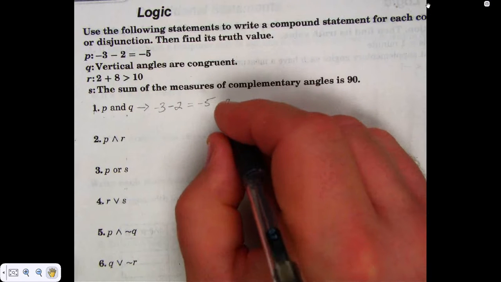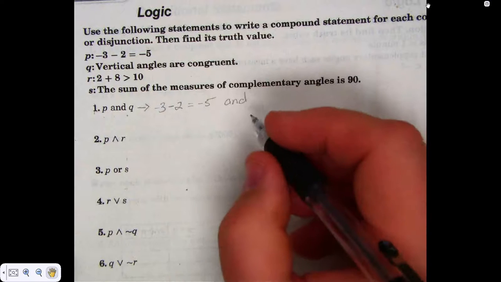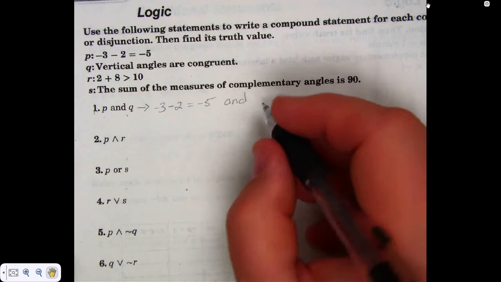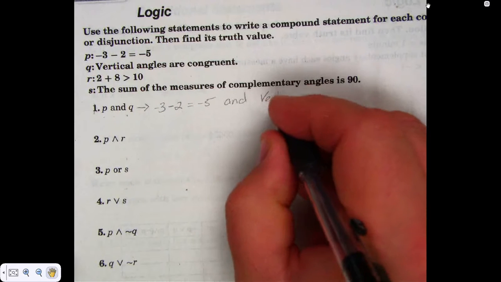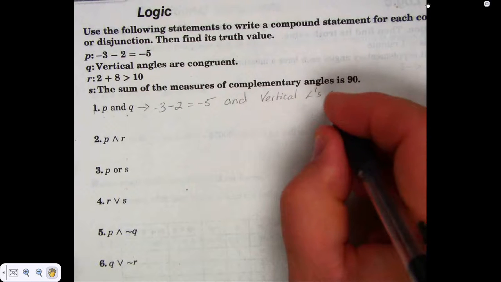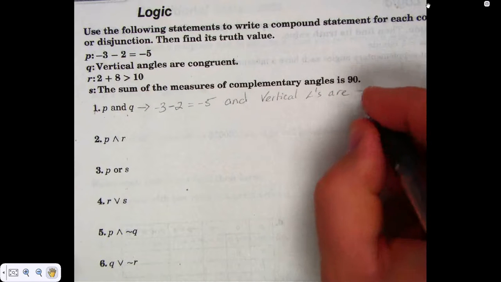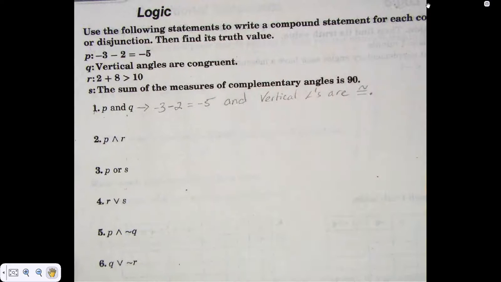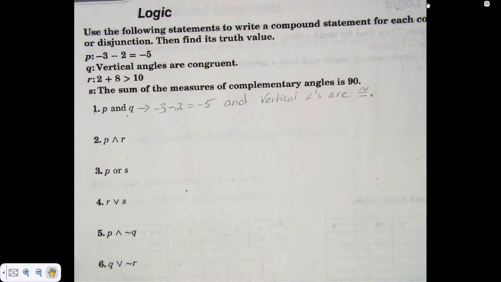And then write the word and. And now I'm going to write Q. Vertical angles are what? You're welcome to use those symbols. You're done.